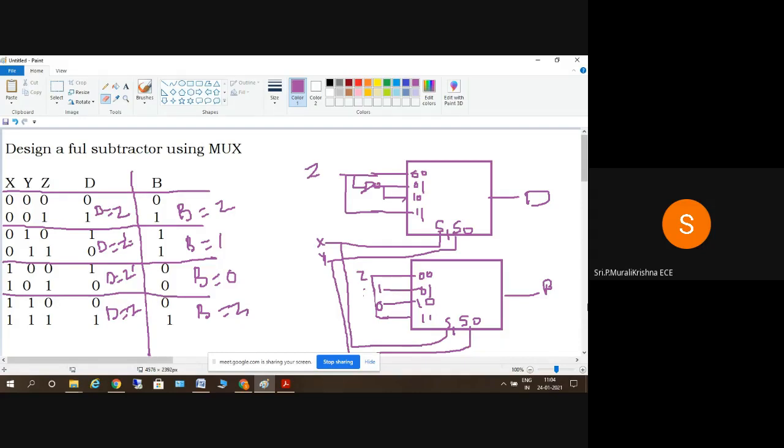Clear? Yes, sir. Right. In a similar way, we can implement a full adder. So take that as an assignment. Here we got difference and borrow. There we will get sum and carry. Okay, so take that as an assignment: design or realize a full adder using a multiplexer.